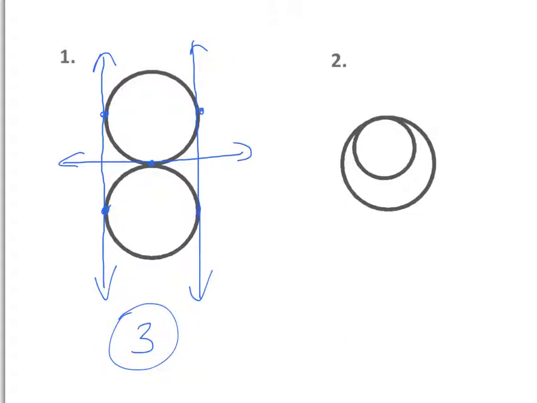Now, if I had 2 circles that touch right on the inside, how many tangent lines can I draw to those 2 circles at that point? Again, that's supposed to touch a circle. There's only 1.